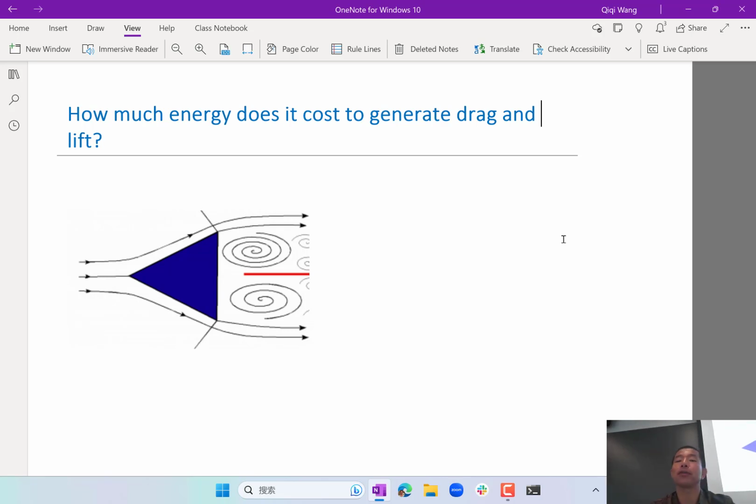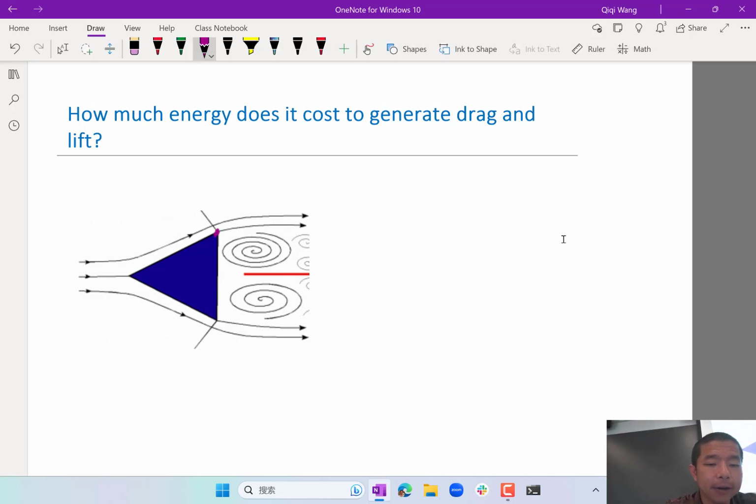So here we'll take an extreme macroscopic point of view and see why it is more energy efficient to use lift. So if you take an object that generates the majority of the aerodynamic forces through drag, an example is a bluff body like that, right? And a bluff body like that essentially has a sharp angle over here and over here that creates almost a sure location for flow separation.